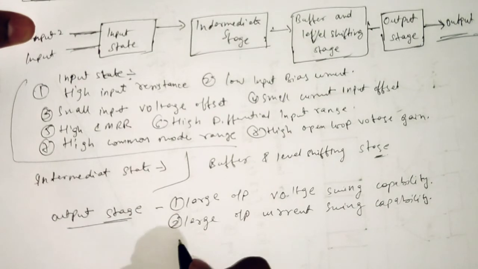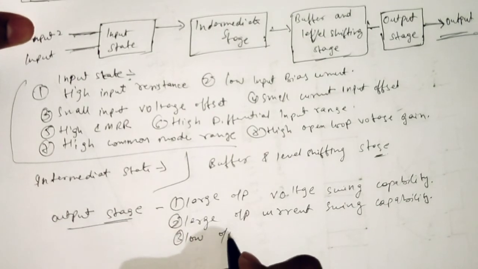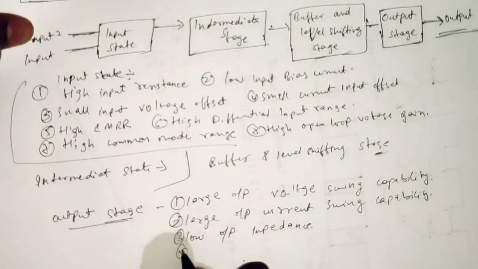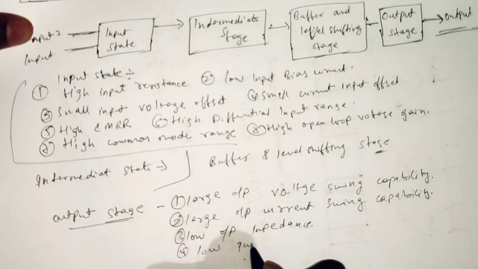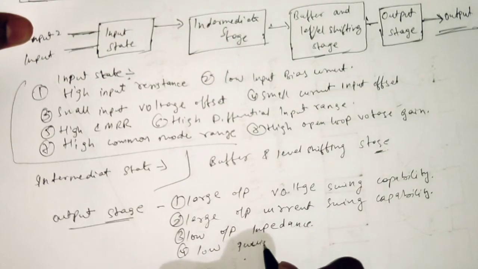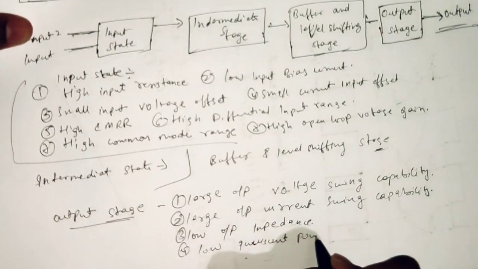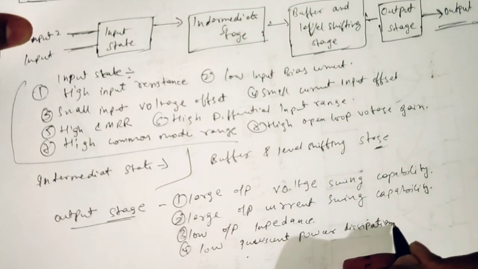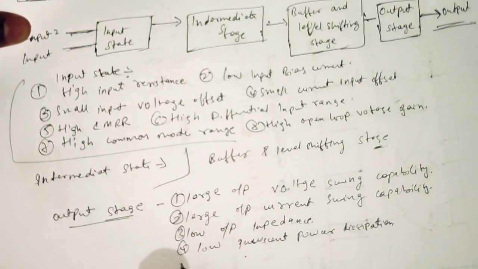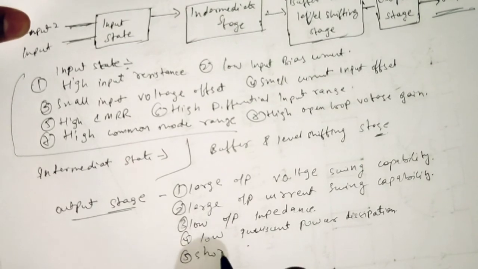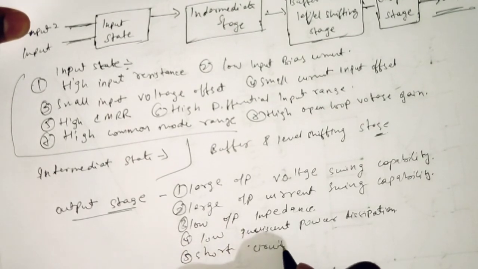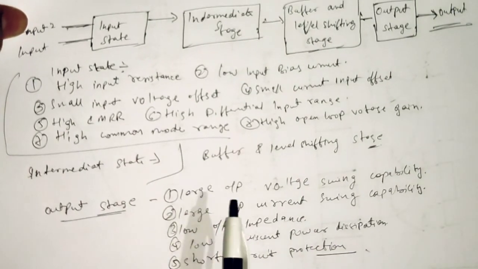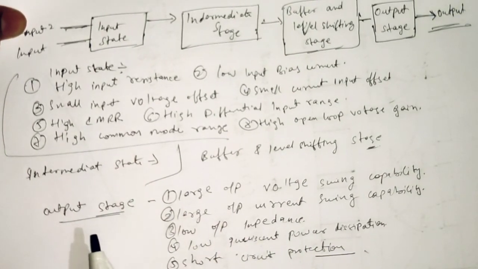Third one is low output impedance. And the fourth point is low quiescent power dissipation. And the fifth one is short circuit protection.